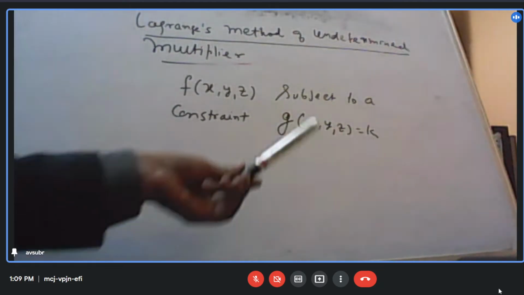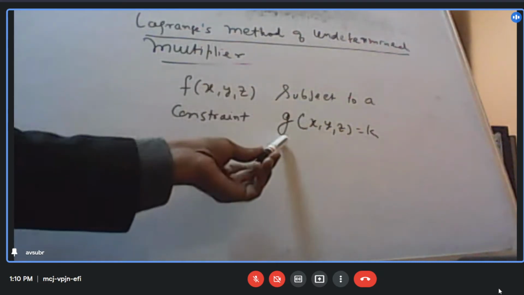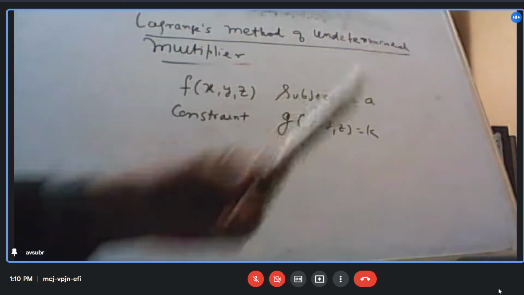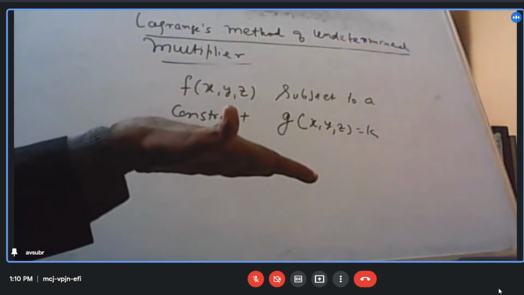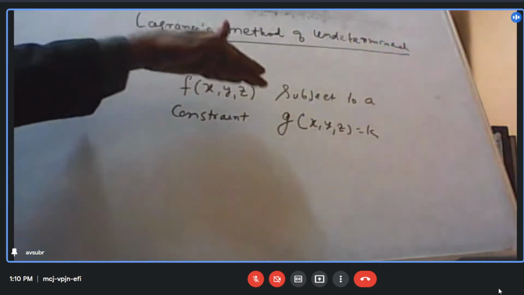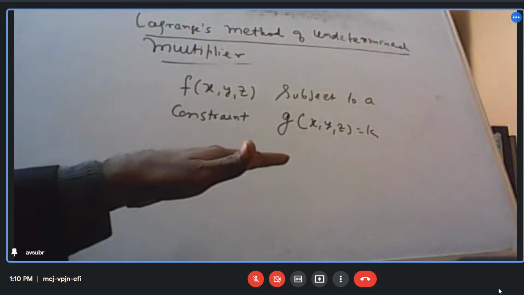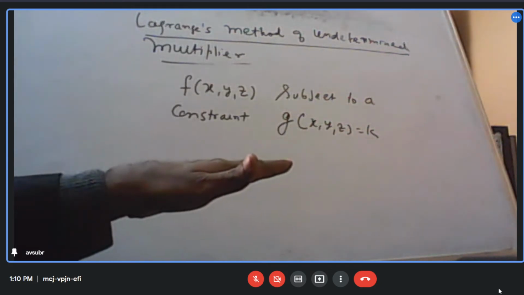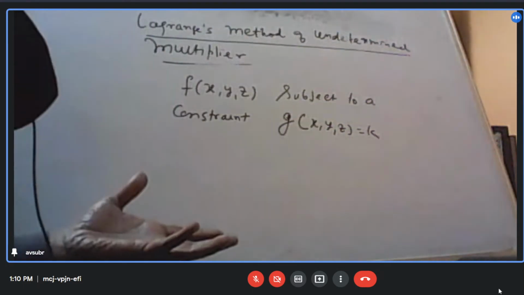Understand? The constraint is that this function value should be subjected to the constraint g equal to k. So you have two equations now. One is for the function and another is for the constraint. I hope it is clear. So how does this method work then?